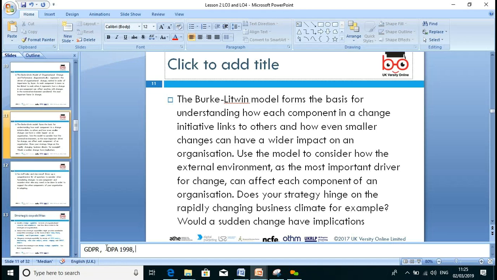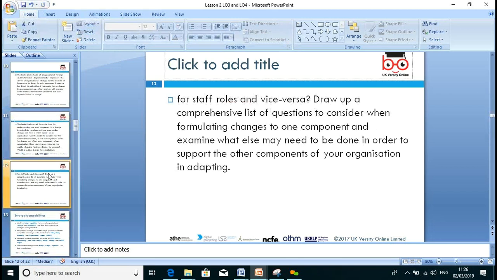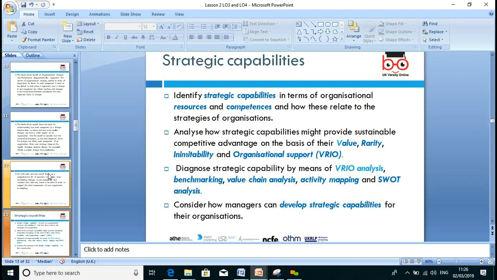This is an external legislation change, so as an organization we have to change our requirements as well, because we are not supposed to get information online or send emails to individuals without their authorization. All this we need to look at in terms of the external environment. According to this model, we need to focus on the external environment to implement the change.